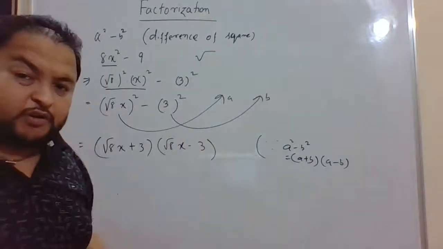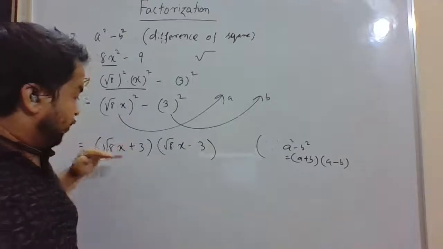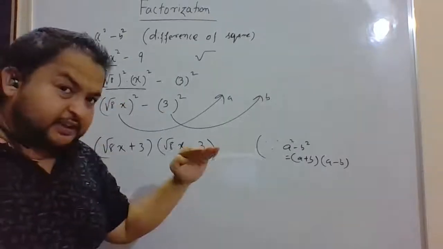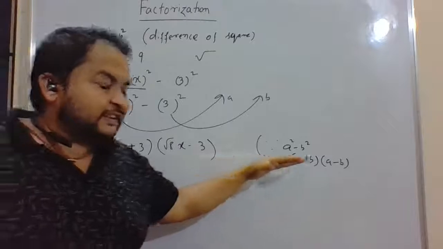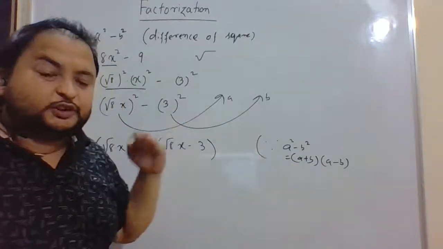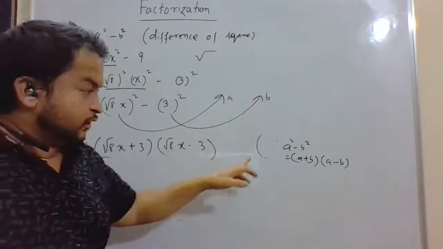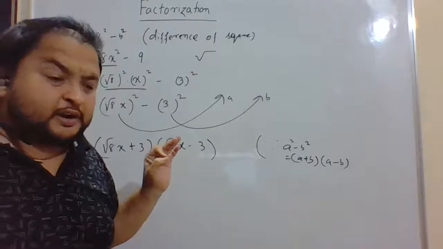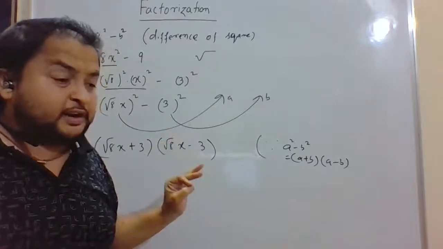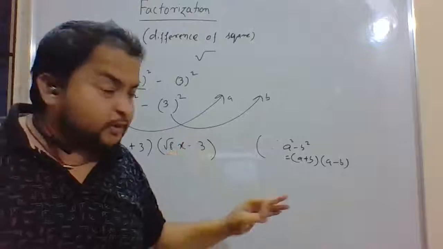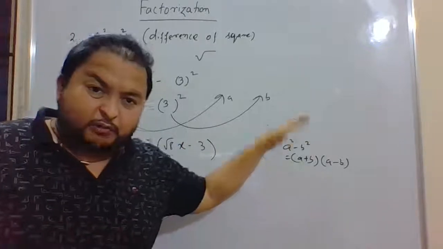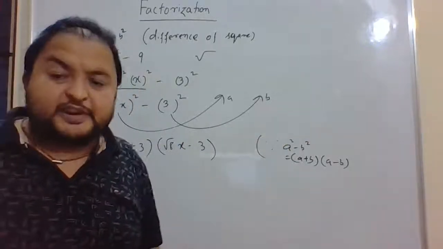But what I would recommend as a teacher is, when you're writing a step, at least for the first few problems, write the reason, so that you get used to the formula. You may not find it difficult to mug up the formula, because you have written it 10 times while doing the problems, so it becomes very easy.